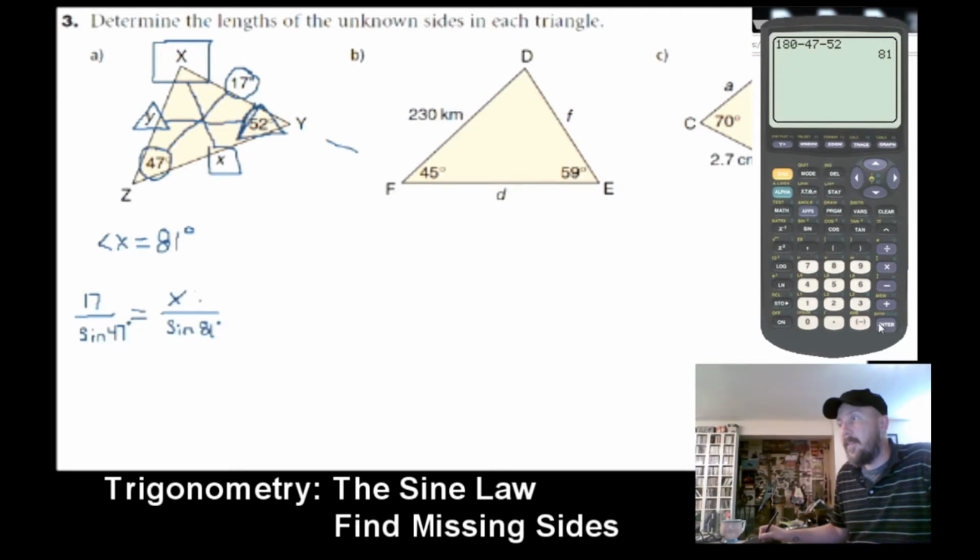In order to get this x all by itself, all I have to do is times both sides by sine 81. I don't have room to write it here, but if I multiply both sides by sine 81, that's going to move it to the other side, and I can write it like this.